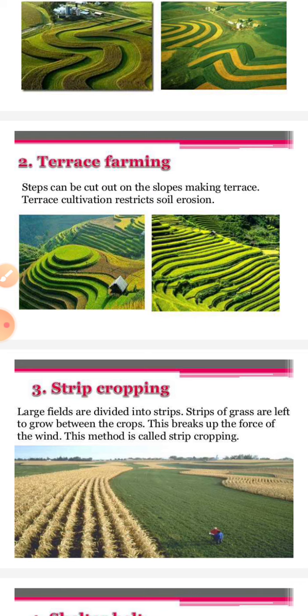Then afforestation can also be included as an answer. Then restricted grazing of animals. This is another very important point which can be included if you are getting the question, what are the steps that can be taken to control soil erosion in hilly areas.